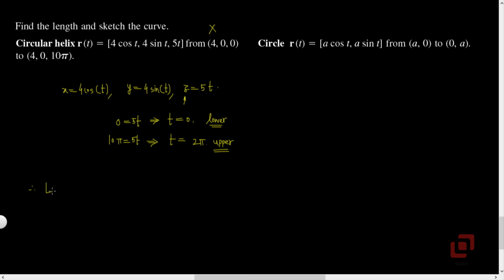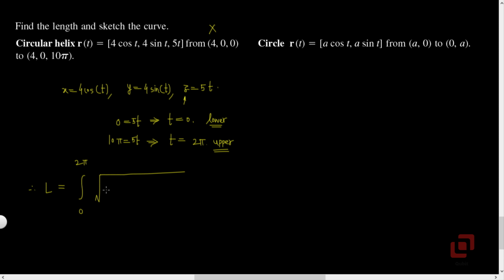Therefore, the length of the curve will be the definite integral from 0 to 2 pi of root of the square of dx by dt. x is 4 cos t, so the derivative of x will be minus 4 sin t.